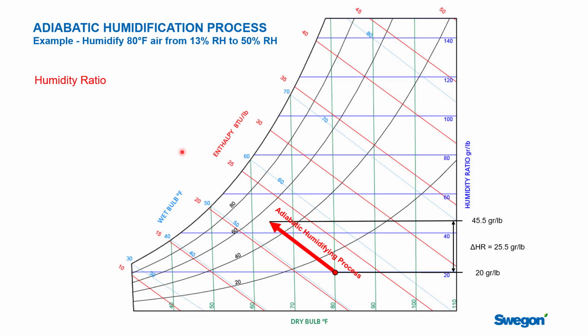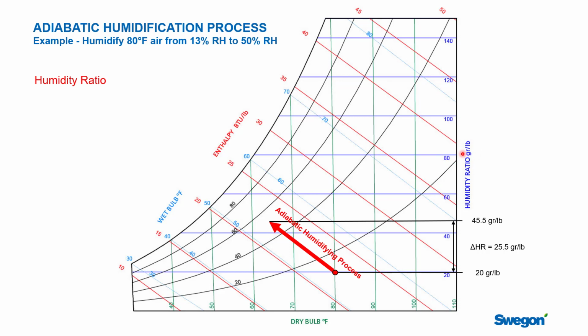If we look at the humidity ratio, that's these blue lines that run horizontal across here. And just remember that humidity ratio is the amount of mass of water vapor in the air relative to the amount of mass of the air itself, the dry air. And in this chart, we're using grains per pound.